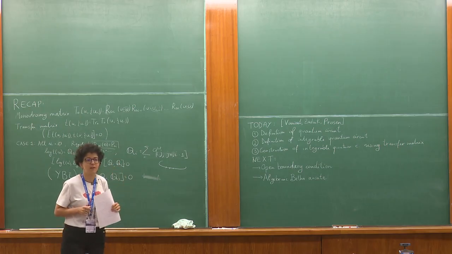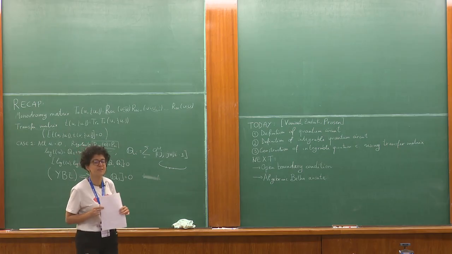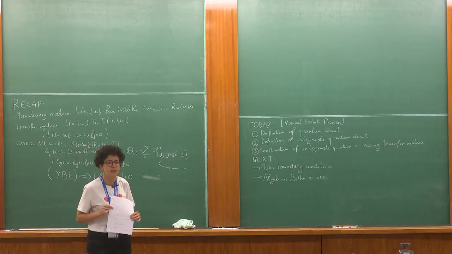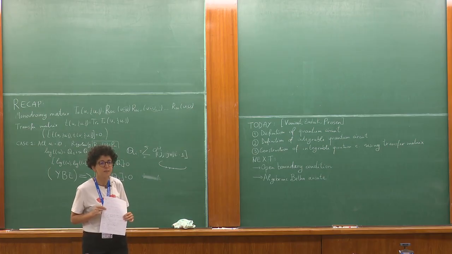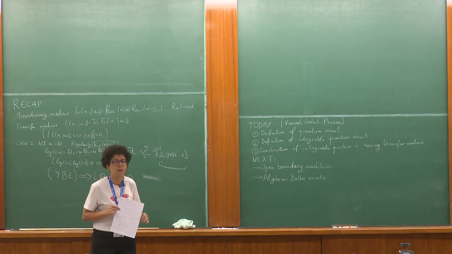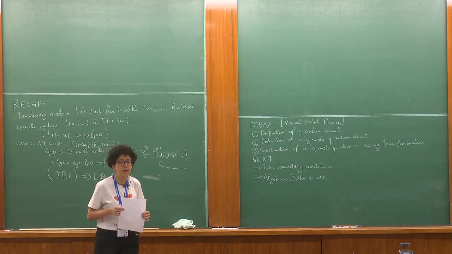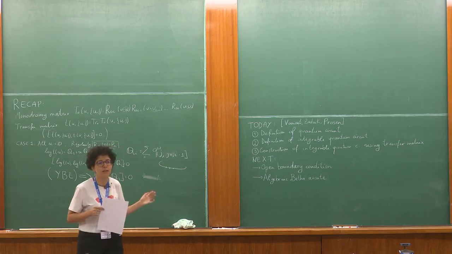I'm sorry, I will interrupt. Another thing: this XXX model possesses this SU(2) symmetry. So is this SU(2) underlying these R operators, or will it pop up in some conserved charge? Everything will have SU(2) symmetry, yes. So the R matrix has it, and also the Hamiltonian and all the charges.